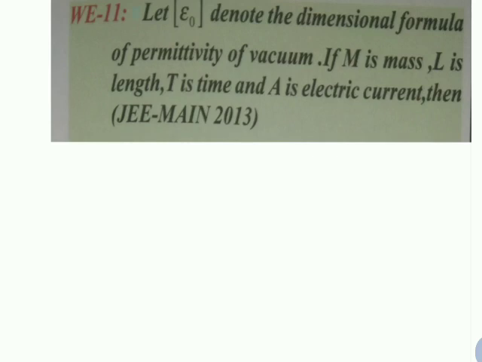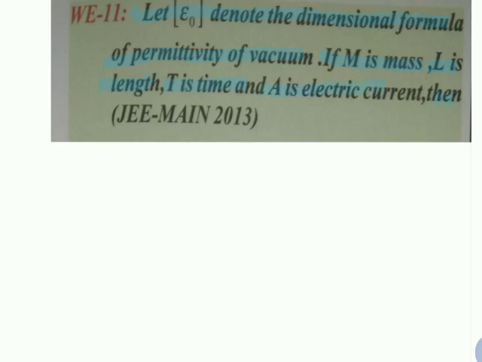Let epsilon naught denote the dimensional formula of permittivity of vacuum, if capital M is mass, capital L is length, T is time, and A is the electric current.